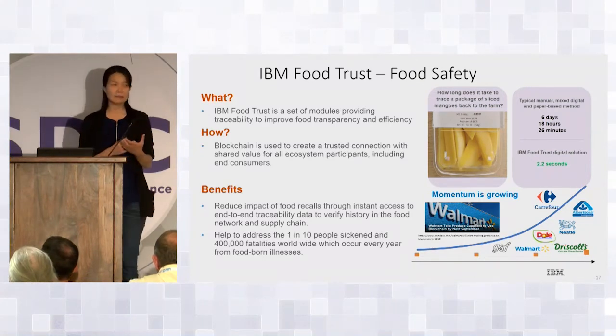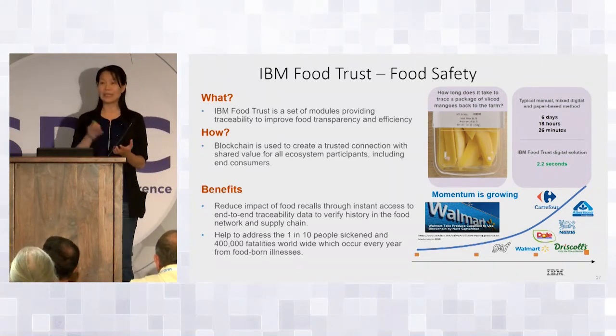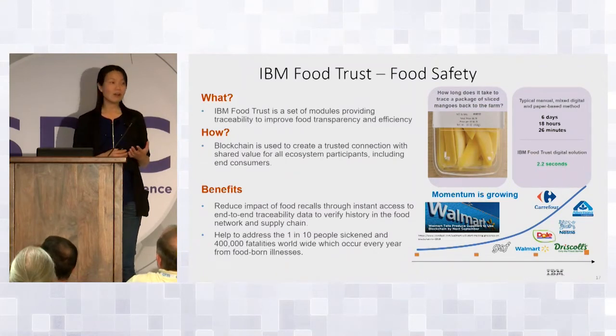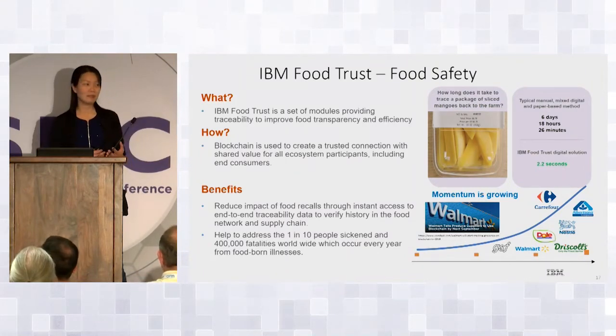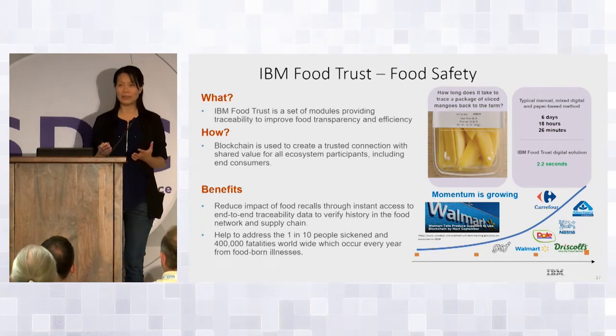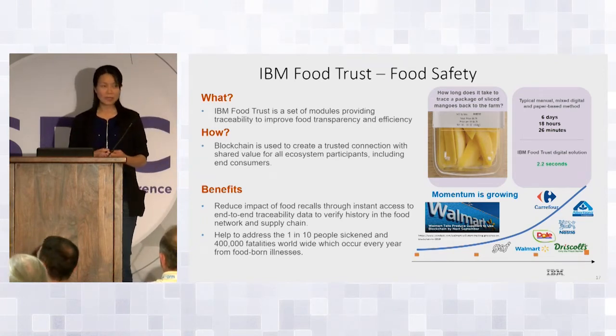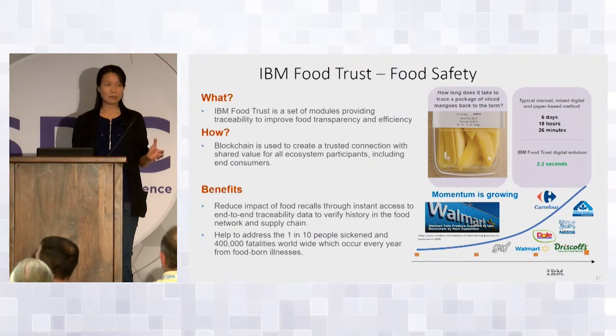It will take 6 days, 18 hours, and 26 minutes to figure out. So it's a long time to wait, right, if you're not feeling well and don't know where it came from. With the POC that we completed, it only takes 2 seconds. So since then we started to build this platform for food provenance.